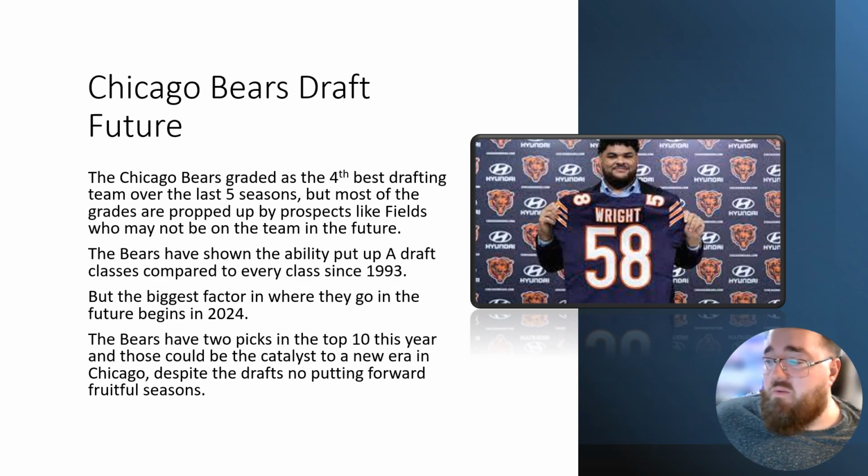The Bears have shown the ability to put up A plus draft classes compared to every class since 1993, but the biggest factor in where they go in the future begins in 2024. The Bears have 2 picks in the top 10 this year, and those could be the catalyst to a new era in Chicago. Despite the drafts not putting forward fruitful seasons, I do think there's some positives here in many ways. But overall, that's the Chicago Bears draft class.